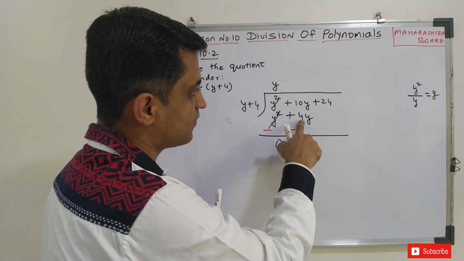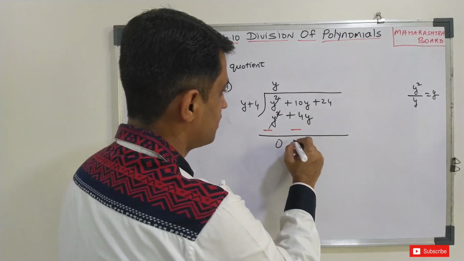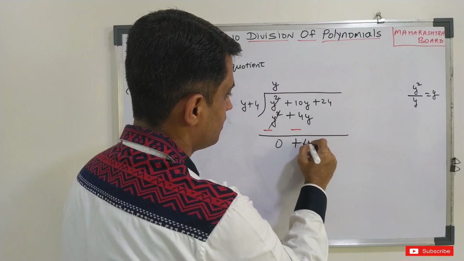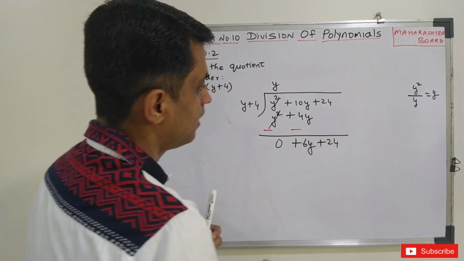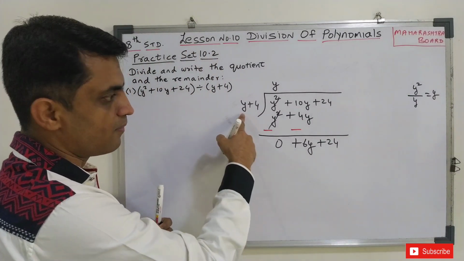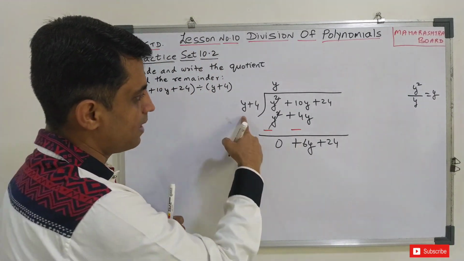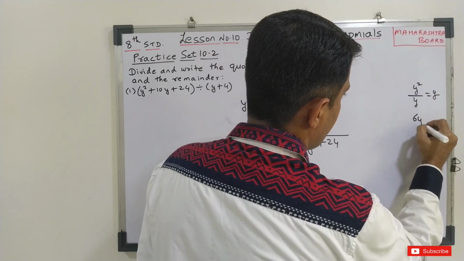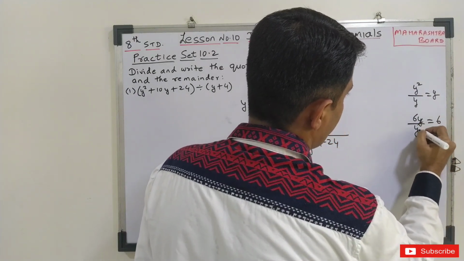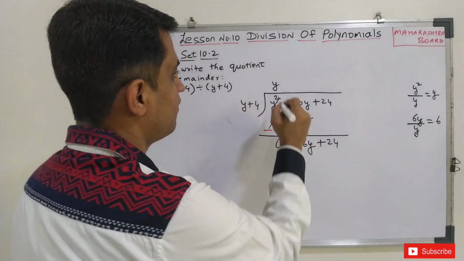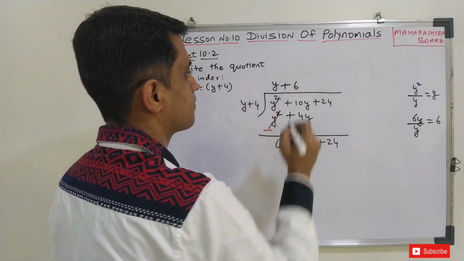Now 10 minus 4, what is 10 minus 4? 6y, sign of the greater number, plus 24. Now student, you divide 6y by y. Same step. 6y upon y. What you will get? Only 6, because y will get cancelled. So here we will write plus 6.